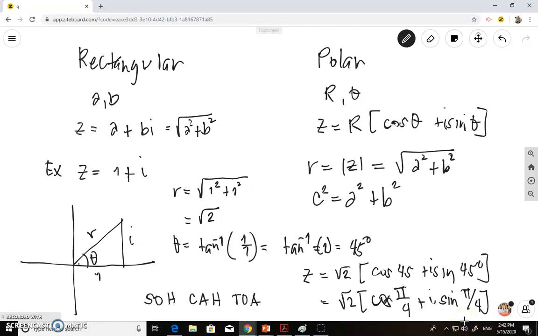Okay, next example. For example, given z equals 2 minus 2 square root of 3 i, which quadrant does this one lie on?